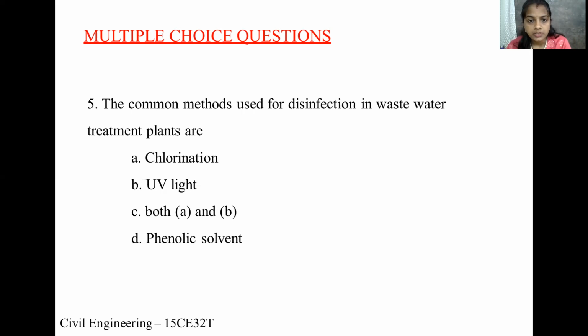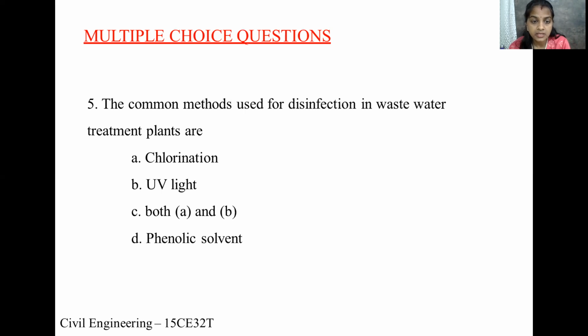Yes, the common methods for disinfection in wastewater treatment plants are chlorination, UV light, and so on. I think the question should be water treatment plants. Okay, we'll take it as water treatment plants. A, chlorination. B, UV light. UV is ultraviolet light. C, both A and B. D, phenolic solvent.